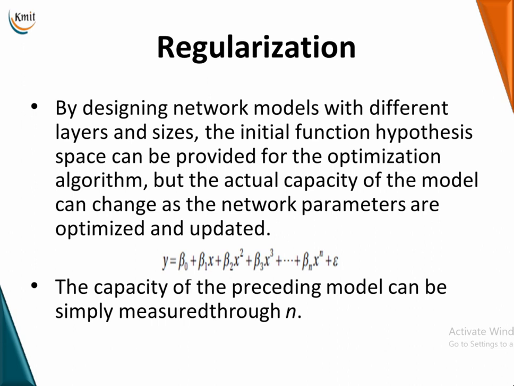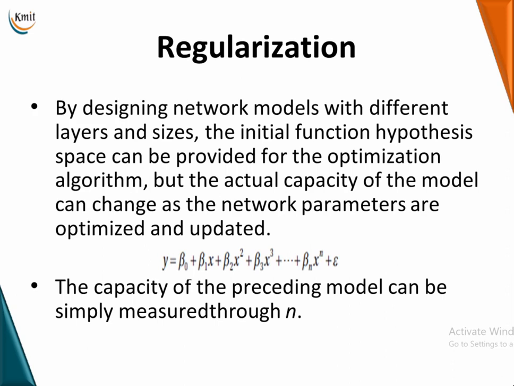So when you're designing a network model with different numbers of layers and different sizes, what is the initial function hypothesis space that could be provided for the optimization algorithm? Every machine learning or deep learning program has a hypothesis space.